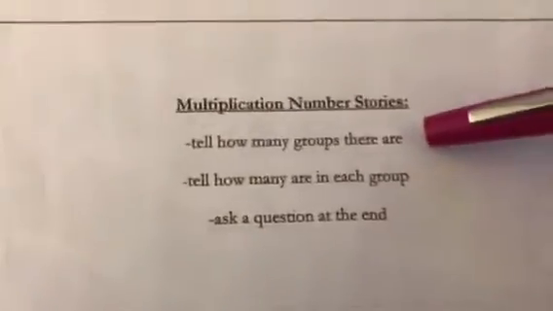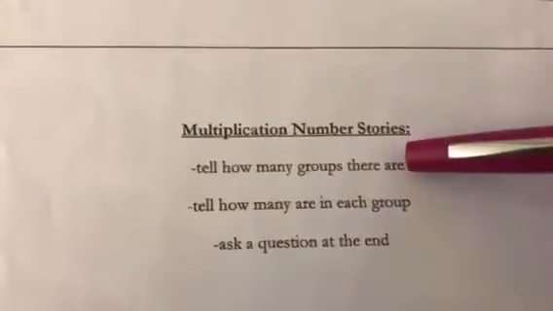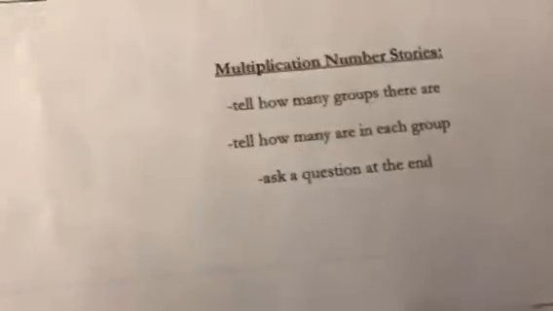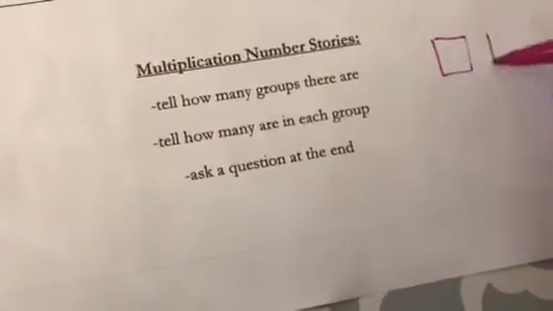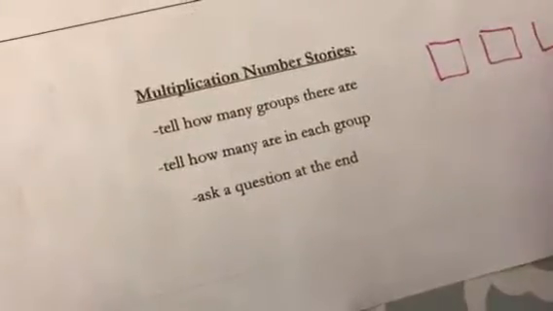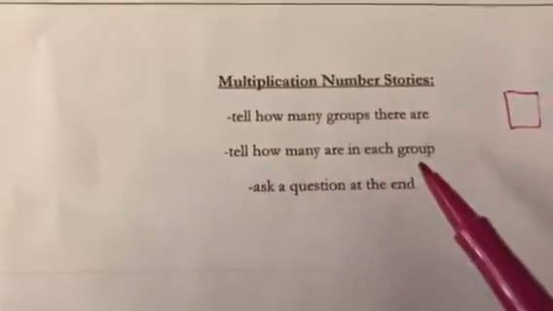So, we might say something like, let's see, how many groups? So there were 3 pencil boxes. So that's telling us how many groups. And maybe that would look something like this. 3 groups. And then we need to tell how many are in each group.